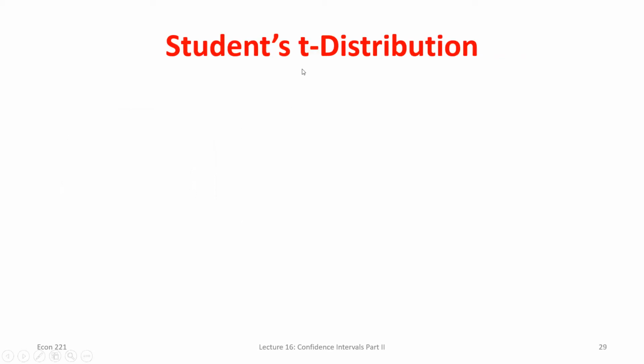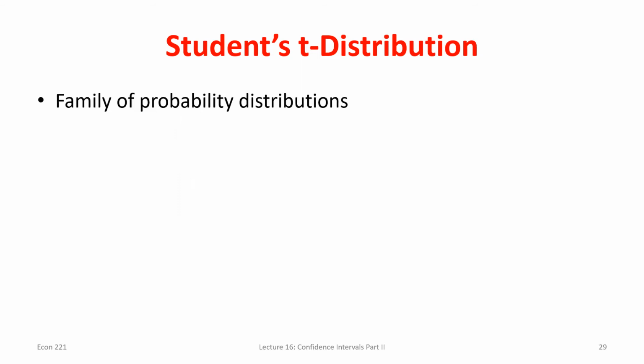So what's going to be true, though, is that they will be distributed with a symmetric distribution, right? Once we turn these into z-scores, those z-scores won't quite be normally distributed. They're actually going to have what we call a student t-distribution. Now, there are actually many of these student t-distributions, a family of them.